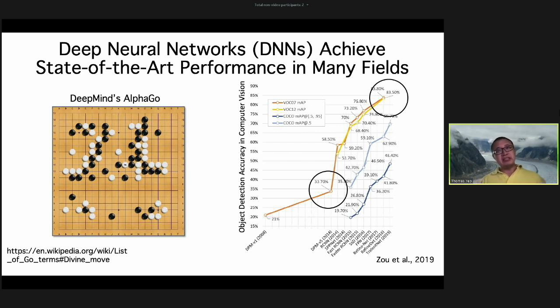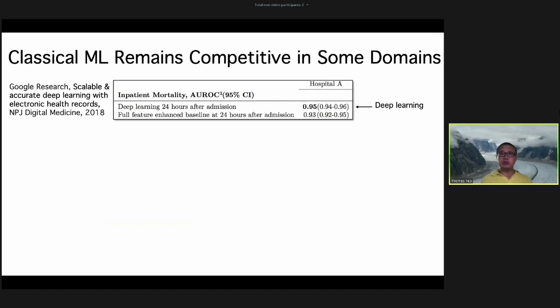However, despite deep learning's dominance in many fields, classical machine learning remains competitive in some domains. For example, Google's 2018 paper shows that deep learning with electronic health records can predict inpatient mortality with 95% accuracy. However, if we look at the confidence interval, we see that logistic regression performed just as well.